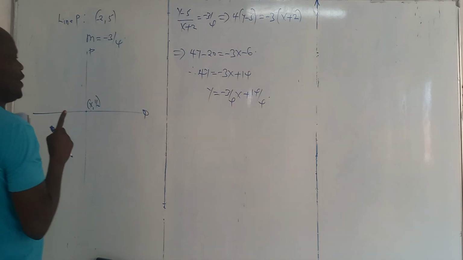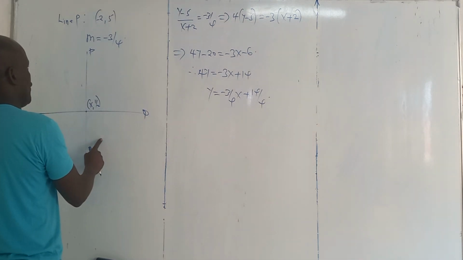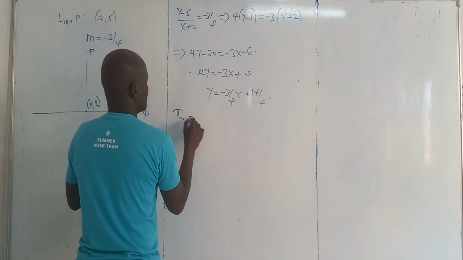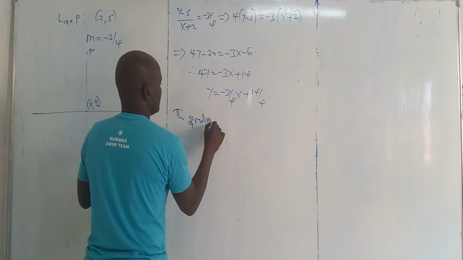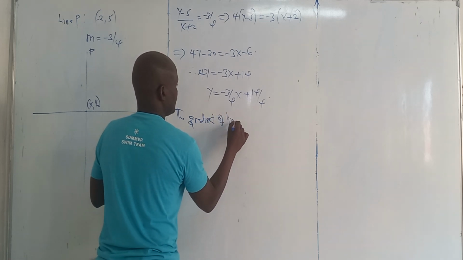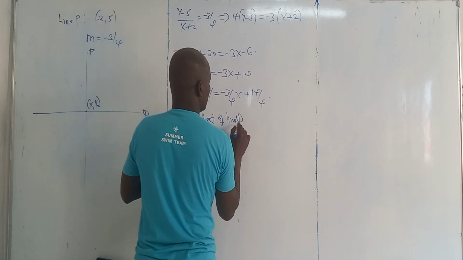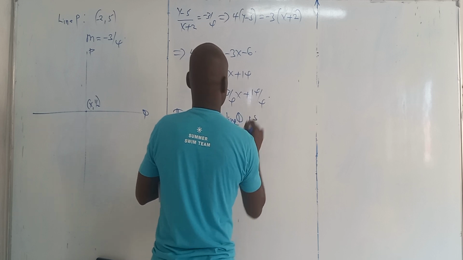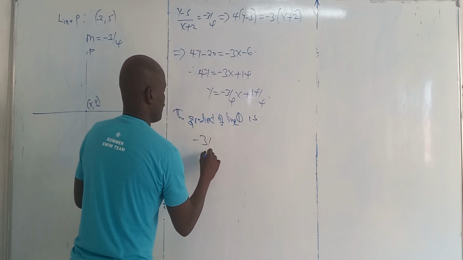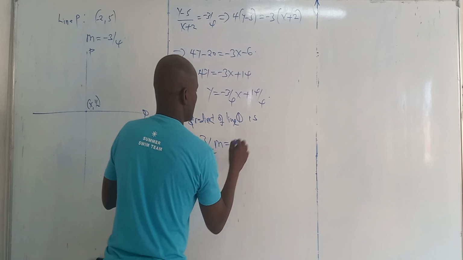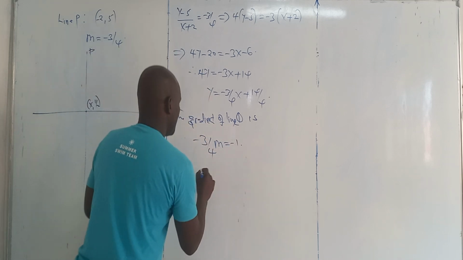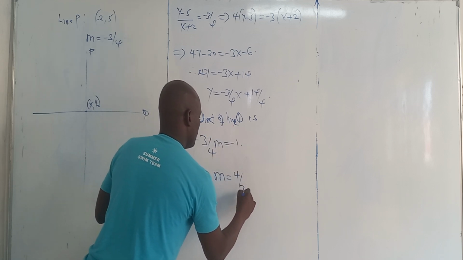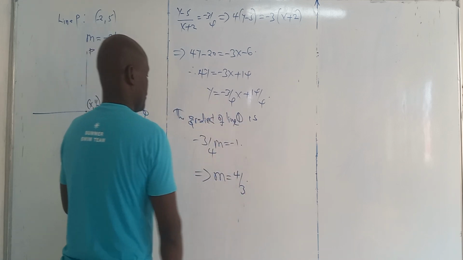Now, the gradient of line Q: minus 3 over 4 times m is equal to minus 1, because they are perpendicular to each other, implying that the gradient m will be 4 over 3, because it's the negative reciprocal.